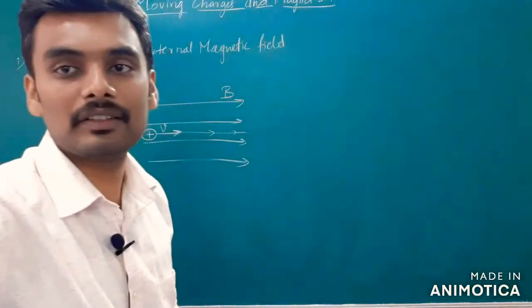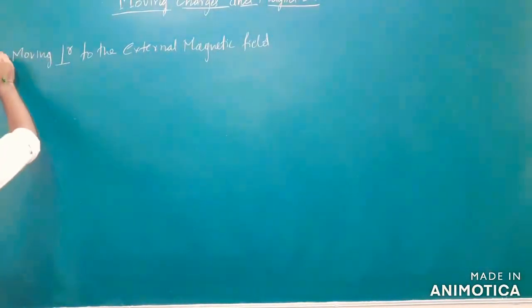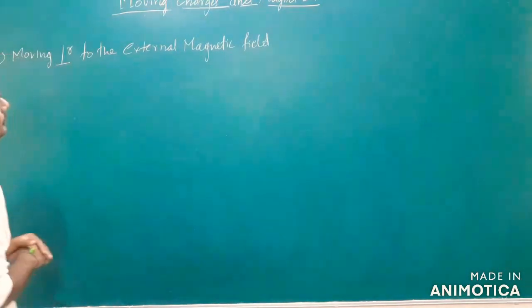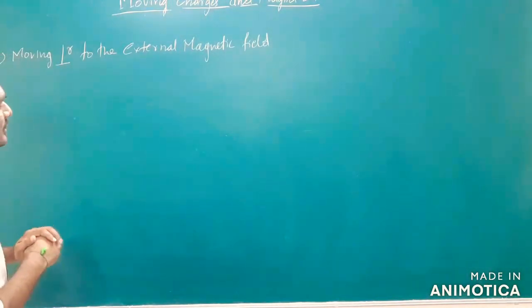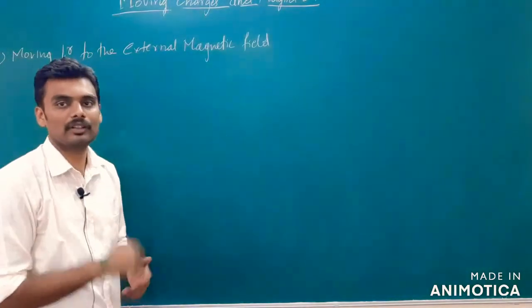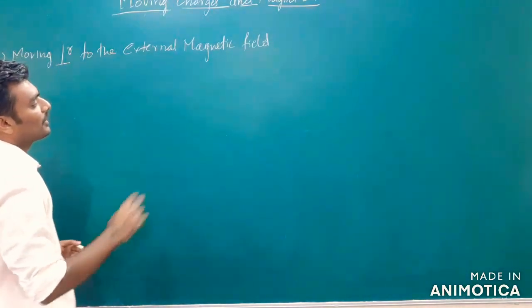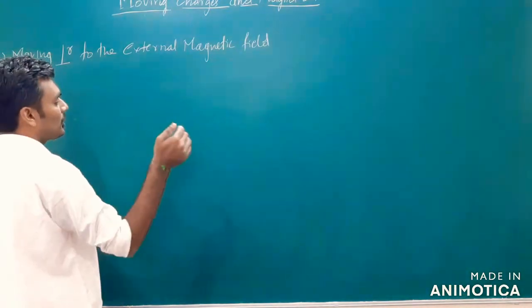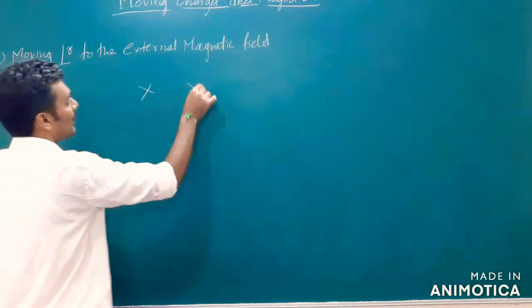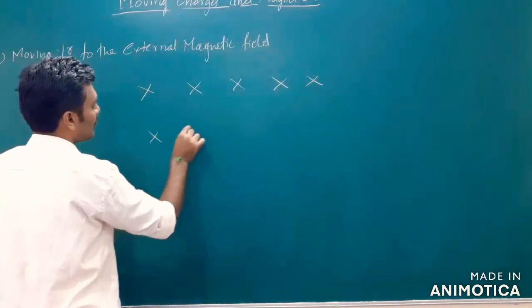Now the next case. The second case, the body is moving perpendicular to the external magnetic field, or a charge is moving perpendicular to the external magnetic field. Now I'll assume a magnetic field in such a way that it is going into the board. So I'll set the magnetic field in the region this way.